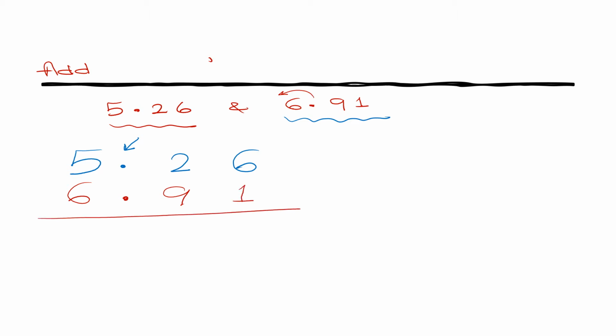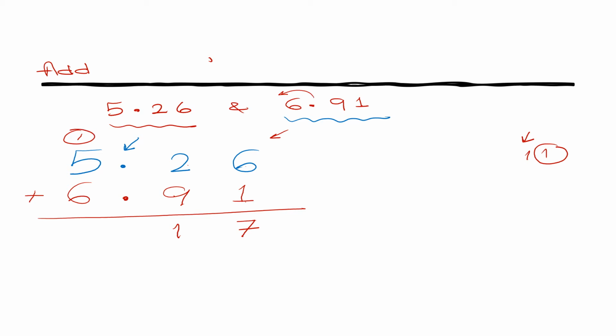Now, add means plus. Let's start adding from the right side. 6 plus 1 is 7, right? 9 plus 2, we know, is 11. So we don't write 11. We write only the 1 down, and the remaining one we carry over here.